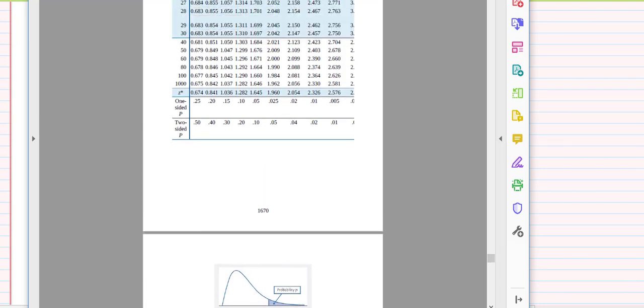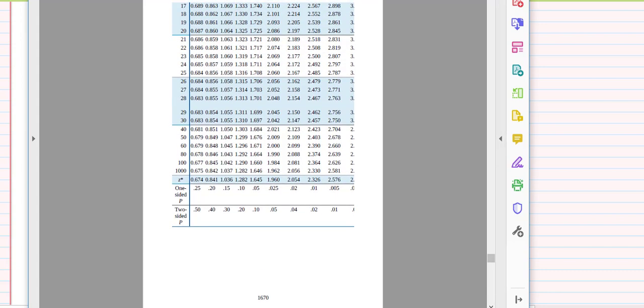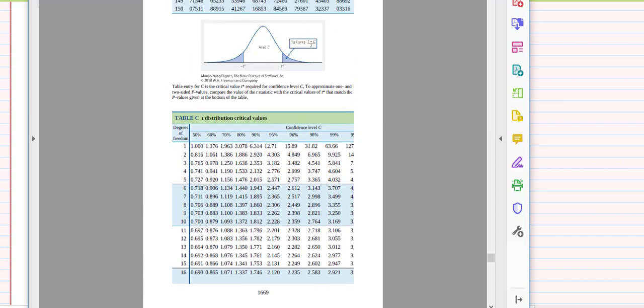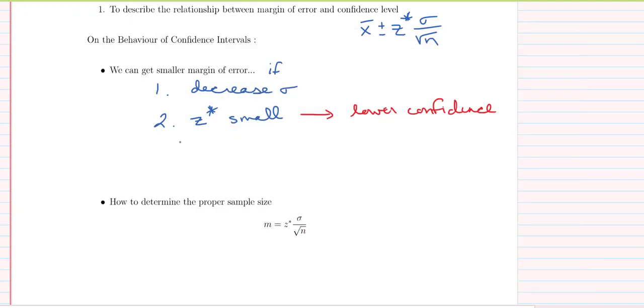Notice here that as we move to the right, z star gets larger. If we want a smaller z star, notice what happens to the confidence level. Moving to the left, smaller z star, we get lower and lower confidence. So we don't like that idea, so 2 is automatically scratched out.